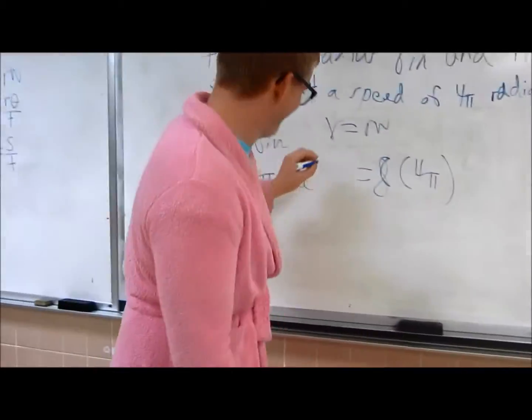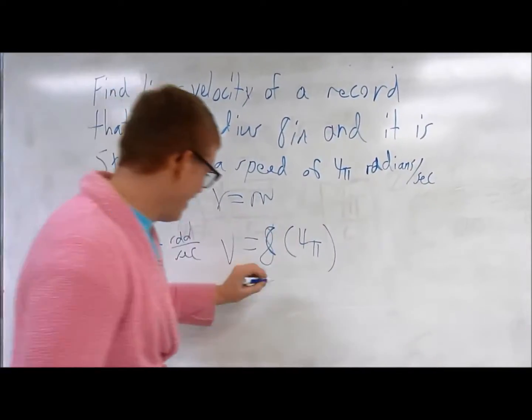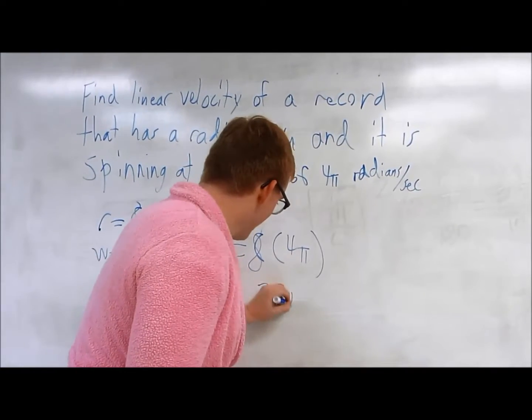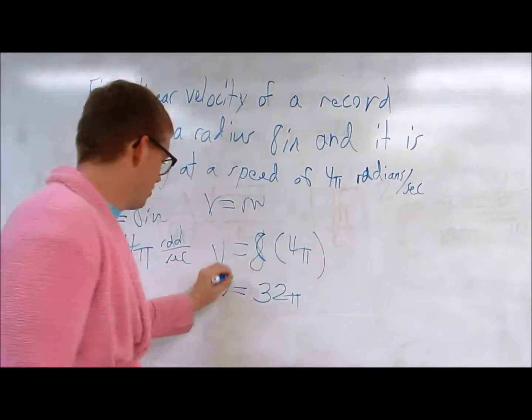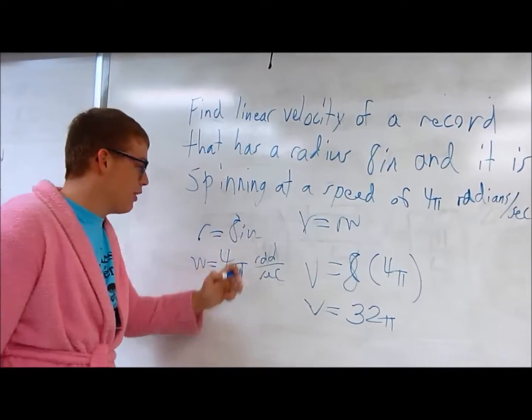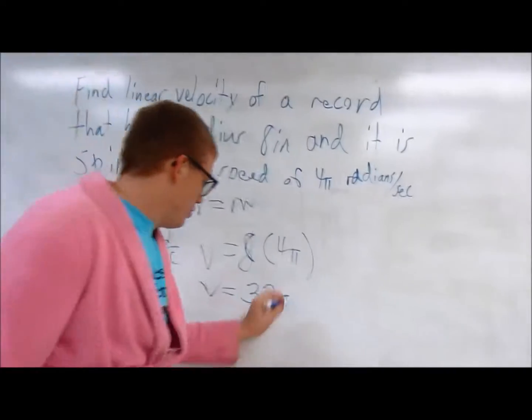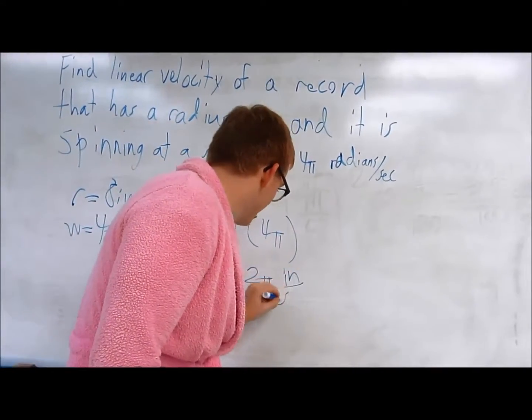It'll get you your V. 8 times 4 is 32, so 32 pi equals your linear velocity. It would be in inches, not radians, because that is your linear measure. So inches per second.